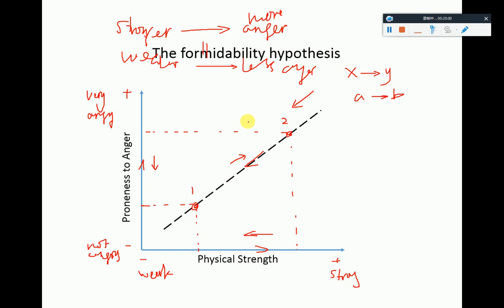So that's probably the most easy visualization we have so far. That is, we use a straight line to represent a correlation or association between two variables. Okay, let me repeat that. We use a straight line to represent the correlation or association between these two variables.